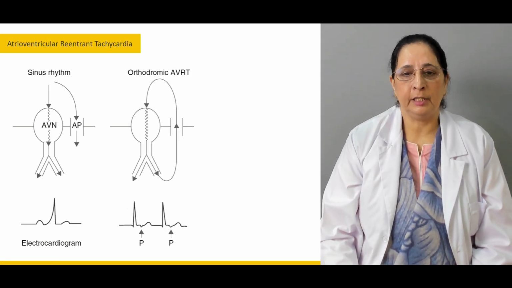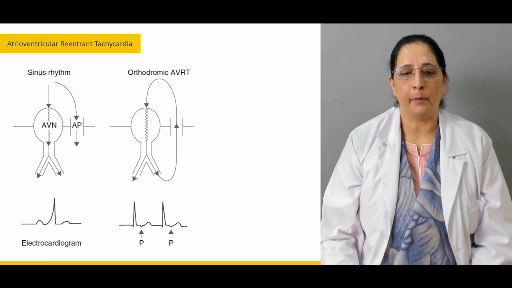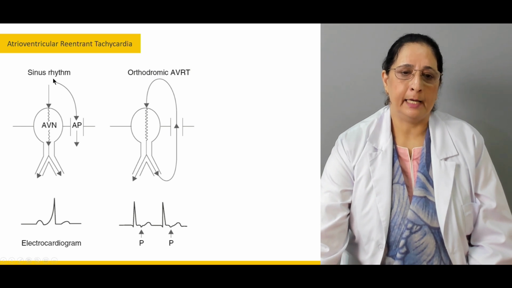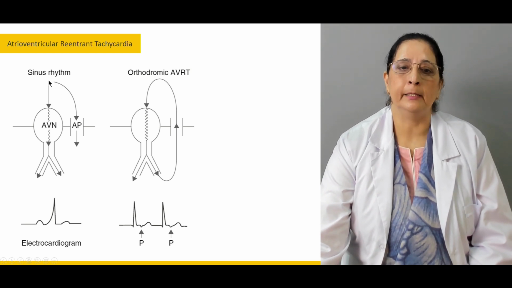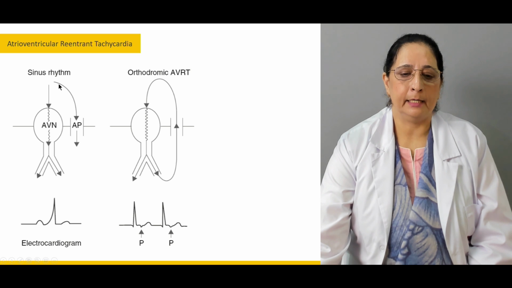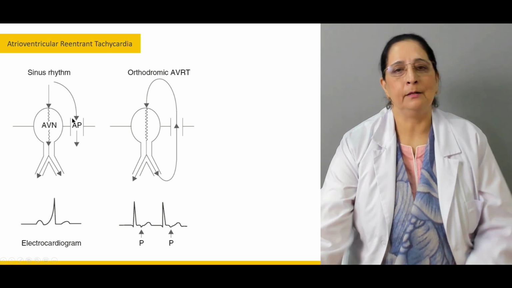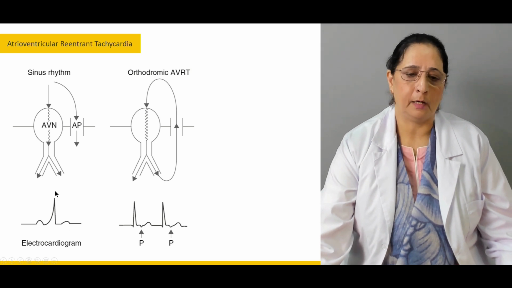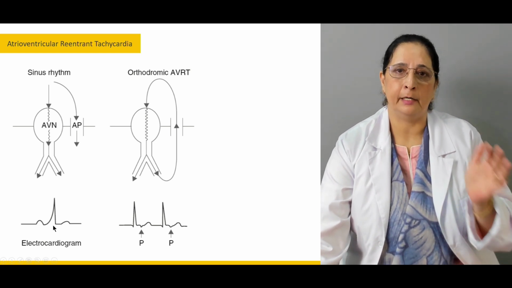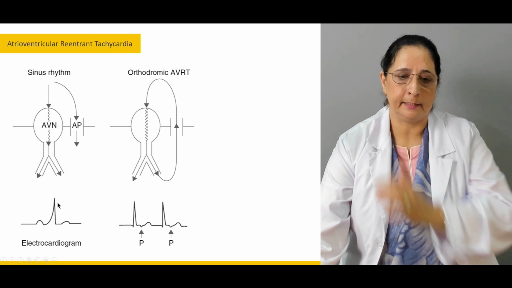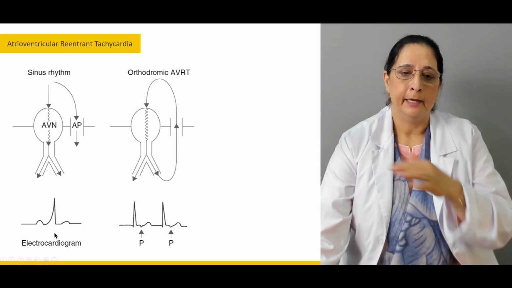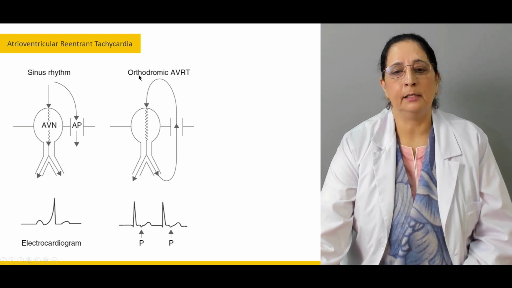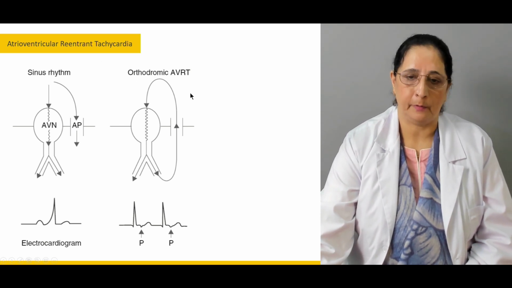The other condition is orthodromic AVRT. Here, this is the normal conduction, and in the re-entrant tachycardia you can see it's a little to the side. That's why the QRS complex that's generated is a little tilted to the side because of the re-entrant phenomenon. Then we have another orthodromic type.